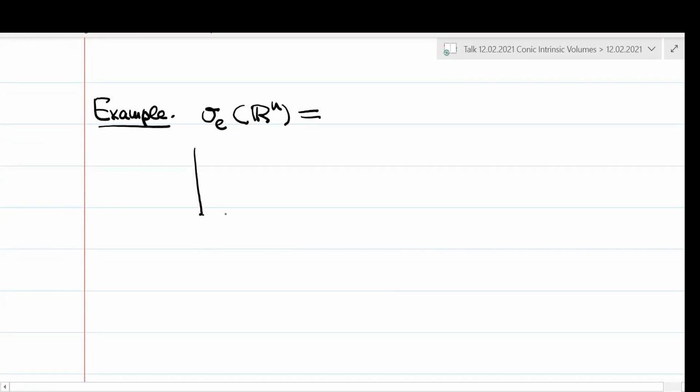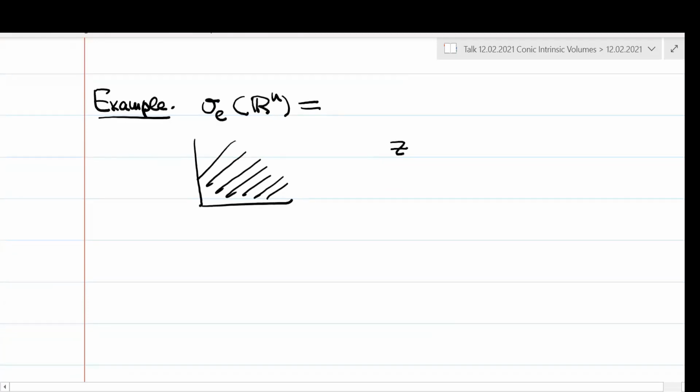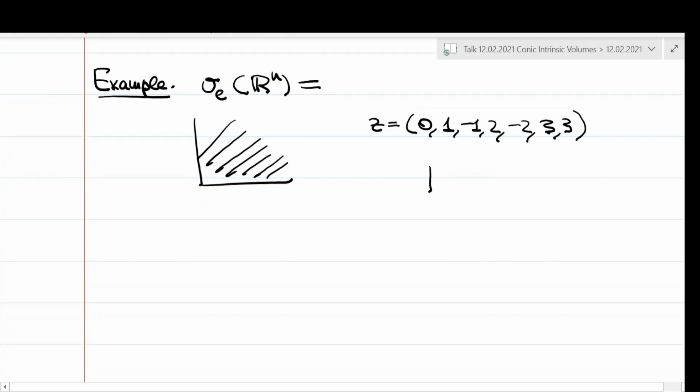Here is the orthant. Suppose we have some vector z in R^n. Let me just take some example: z is 0, 1, -1, 2, -2, 3, 3. What is the projection of this vector to the positive orthant R^n_+?